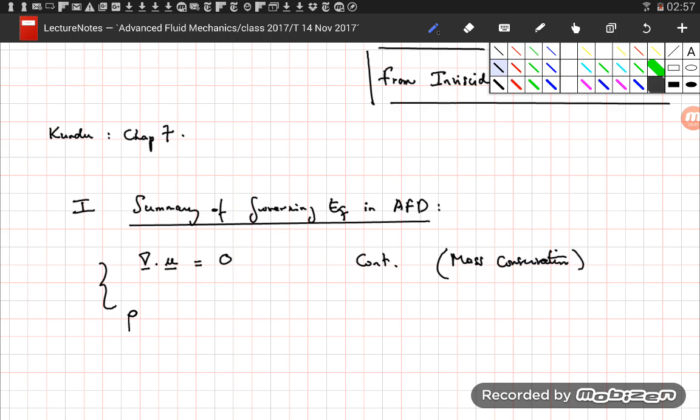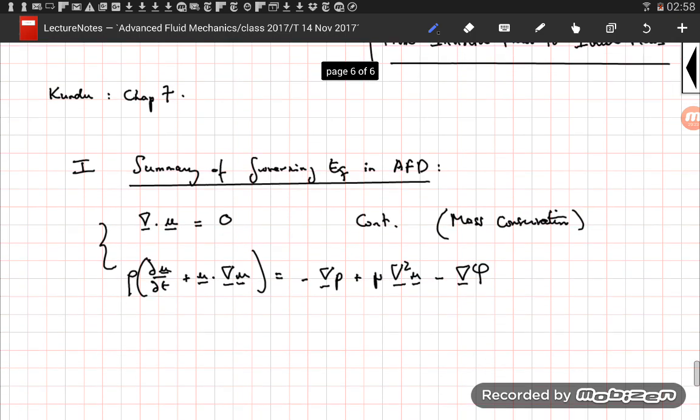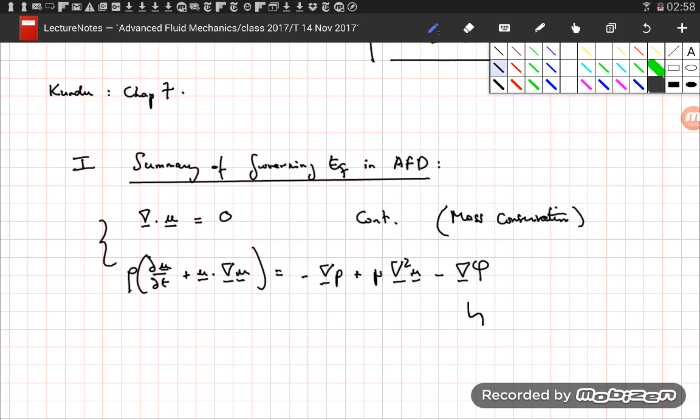And the momentum equation, which is rho times partial u partial t plus u grad u, is equal to the pressure term plus the viscous term minus, and I'm going to write again the forces in terms of conservative body forces. So we assume that the body forces are conservative.